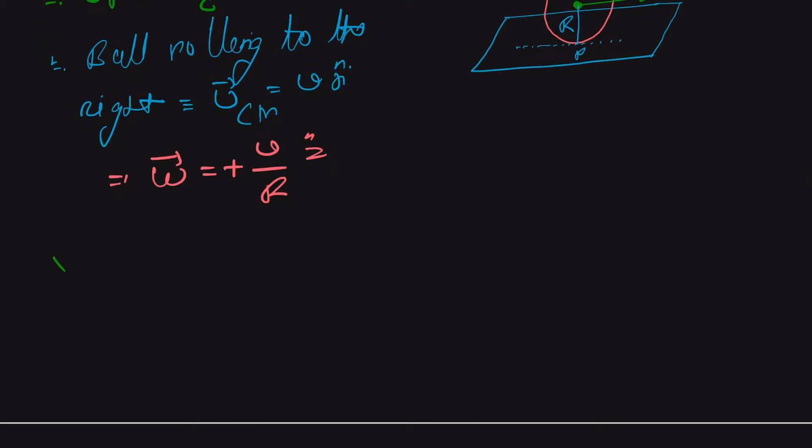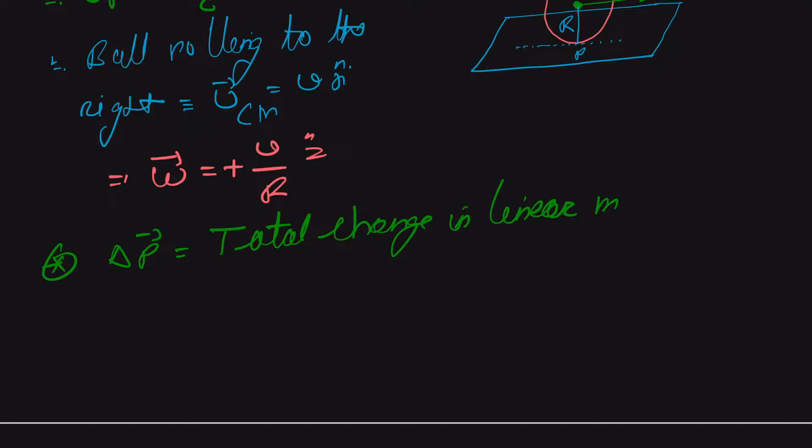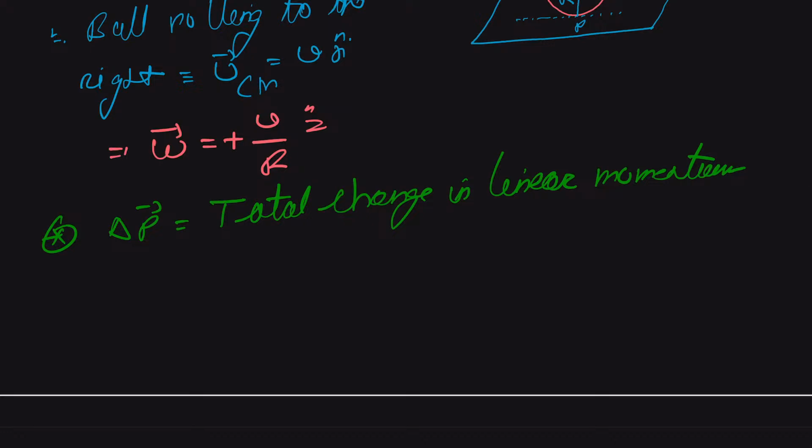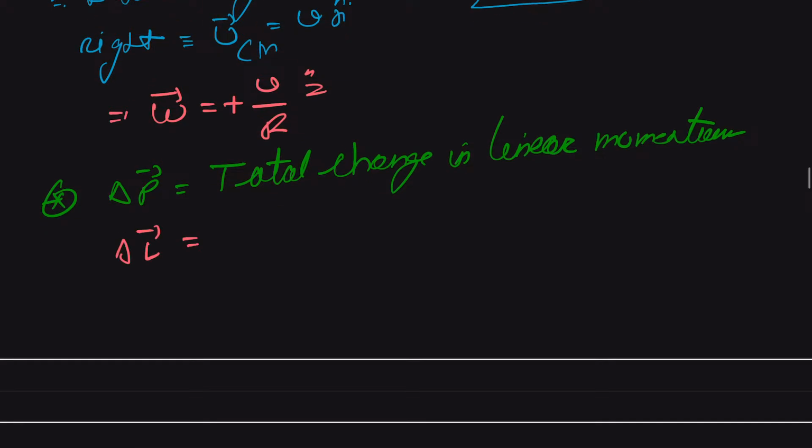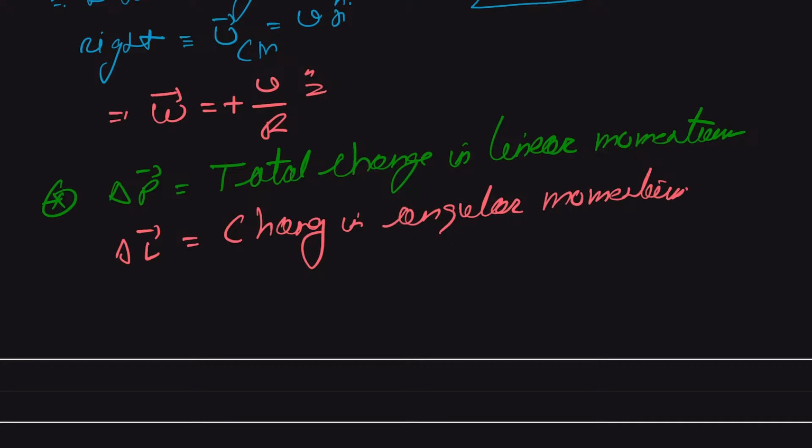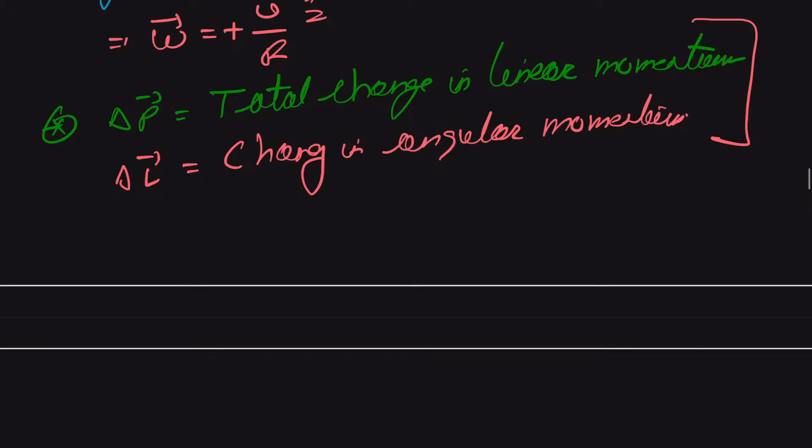So let us consider that we have delta P, that is the total change in linear momentum, and we have delta L, which is the change in angular momentum, and both these changes are about the center of mass.